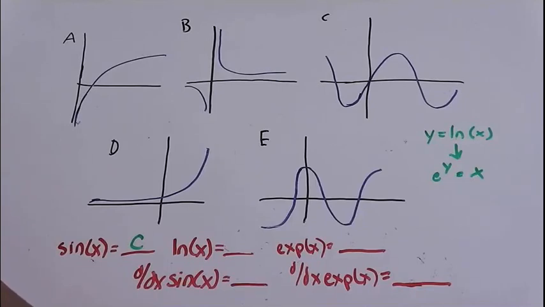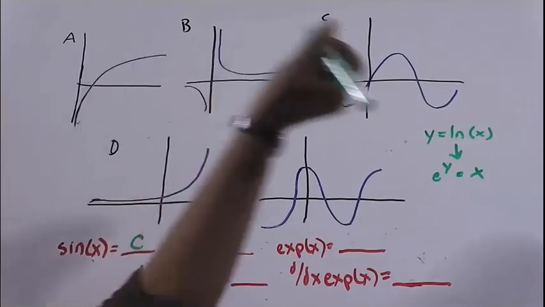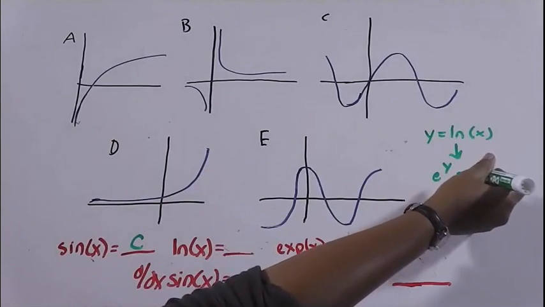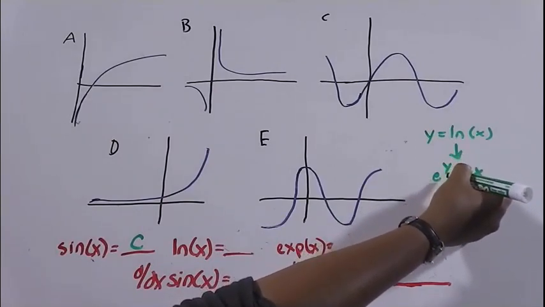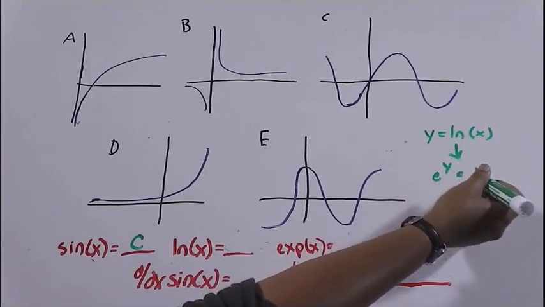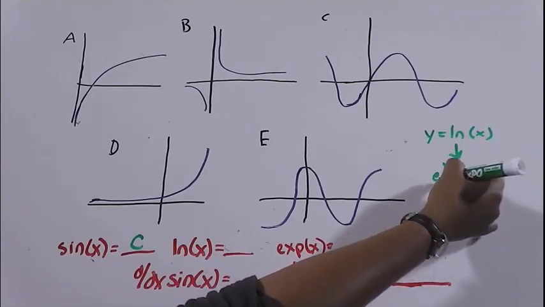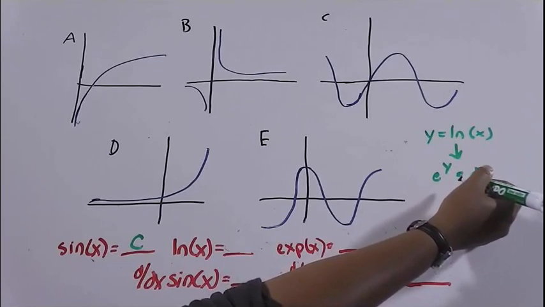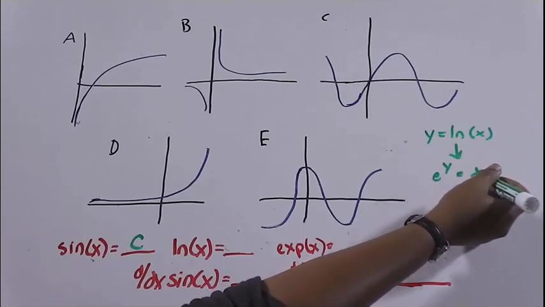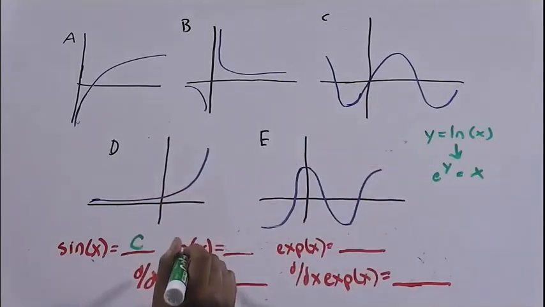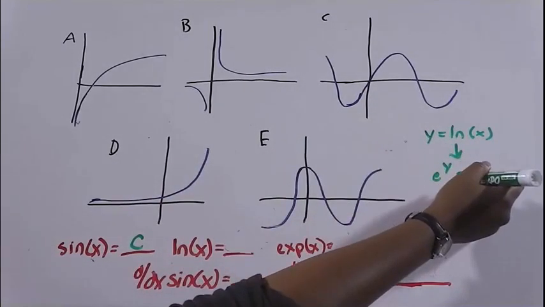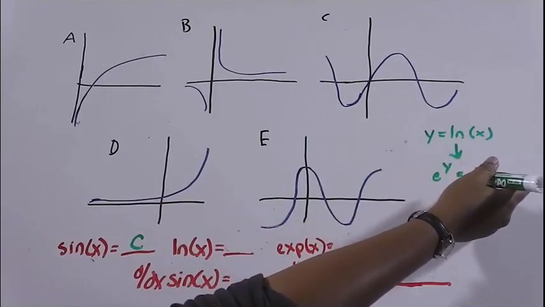So we know that x can never equal 0 because there's no y that can make e to the y equal 0, because you can never raise a number to an exponent of any number and get 0. So we know for sure that this graph will not ever be x equals 0.